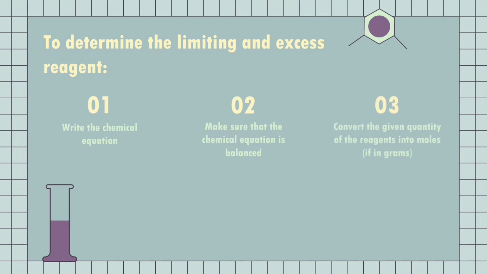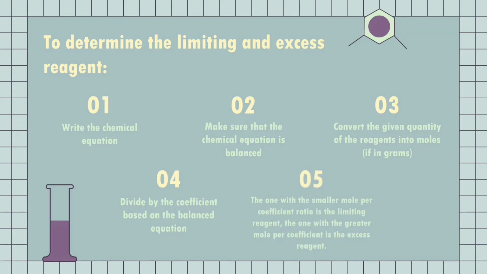Next, we have to make sure that the chemical equation is balanced. Third, we have to convert the given quantity of the reagents into moles, if they are given in grams. Fourth, we have to divide their converted values by their respective coefficients based on the balanced equation to identify their mole per coefficient ratio. And lastly, we have to determine which reagent has a lesser mole per coefficient ratio.